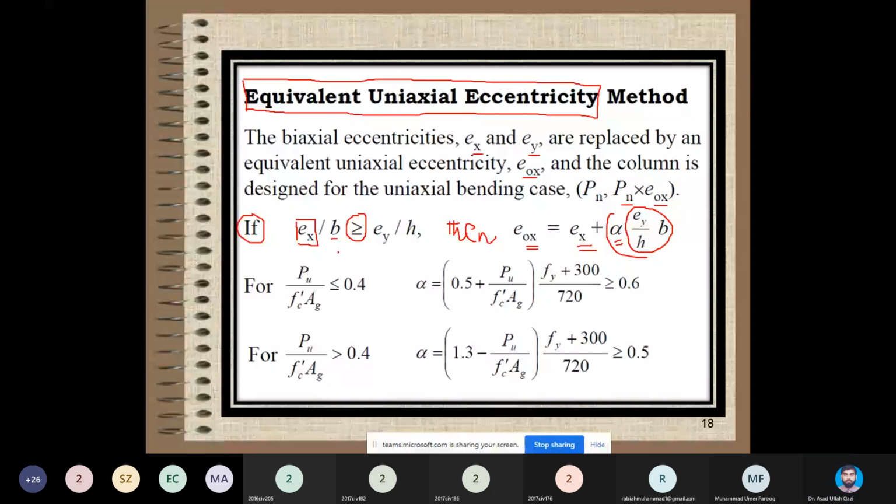If suppose this is not greater than Ey over h, then vice versa will hold. Then you will say it is E naught y, and here it will be Ey, and then you will take h as the numerator on the left hand side, and it will become Ex over b into h.